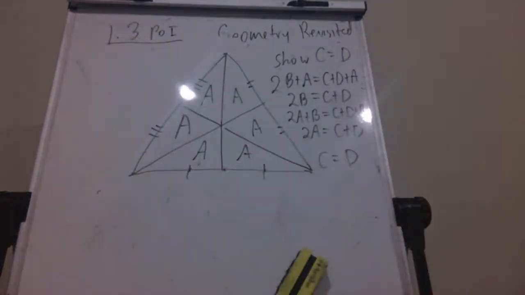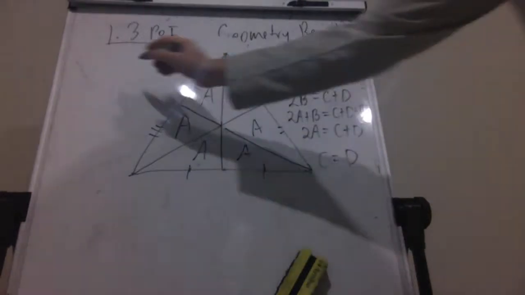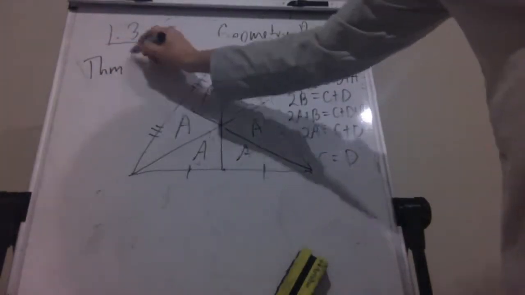The first theorem was that the medians divide the triangle into six regions of equal area. So this is 1.3.1: medians of a triangle divide it into equal areas.